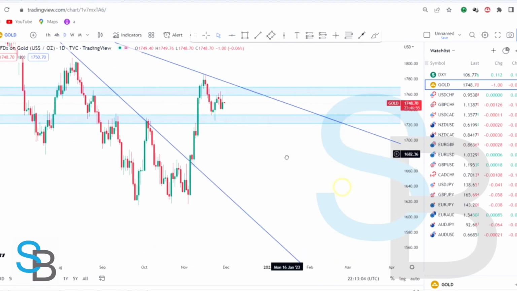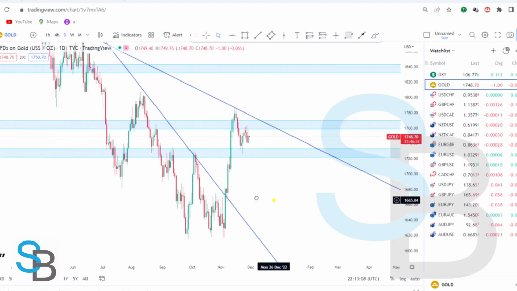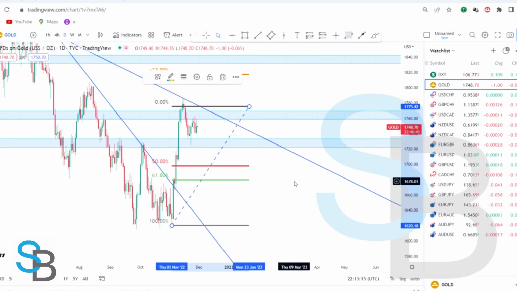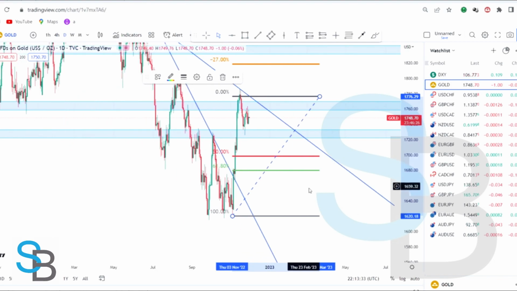And then when I was looking and had, for example, a Fibonacci level drawn from here to here, I could see that the market at this point could be going down, and if it kept going down, there is a high chance that it's going to go down to a 50% retracement level or 61% retracement.